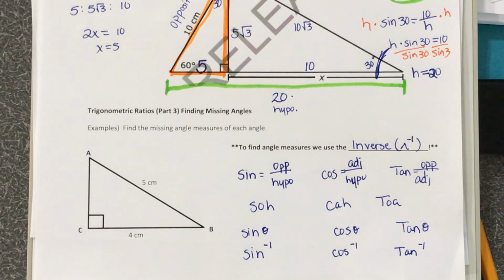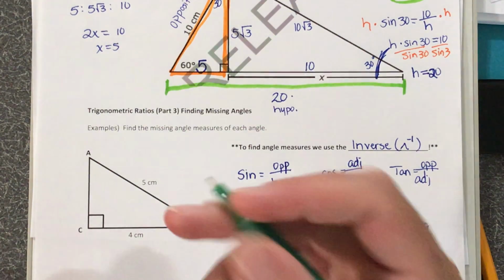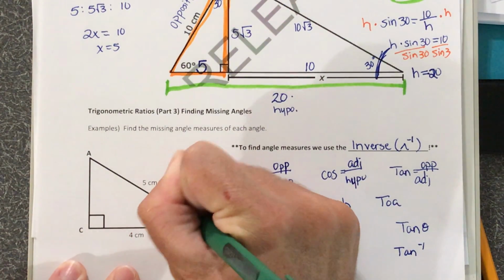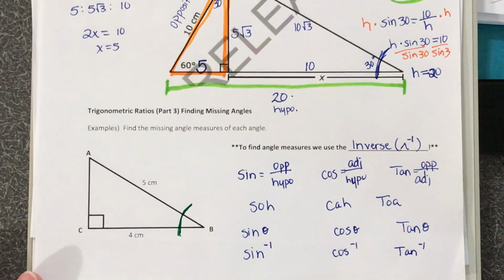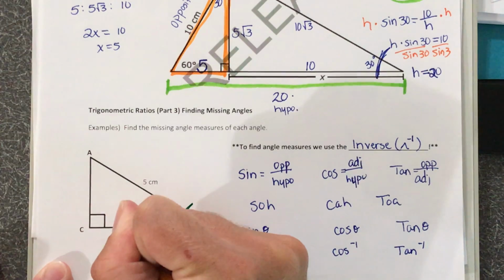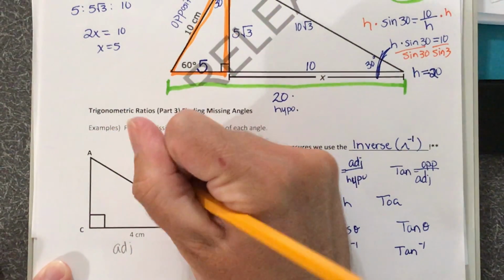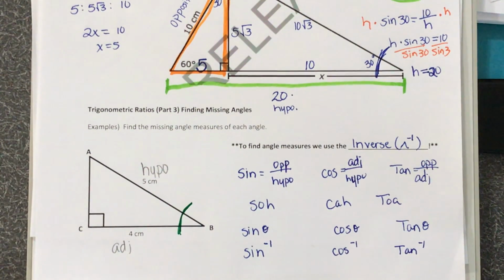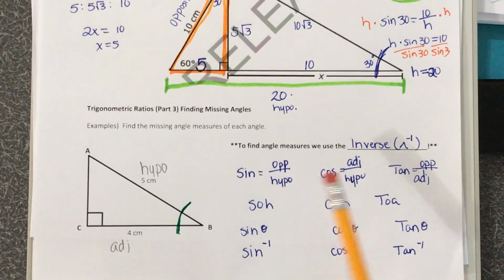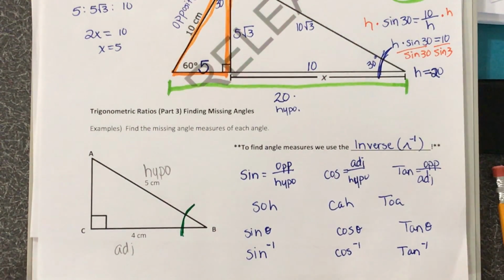So when we want to figure out what the angles are, let's start with angle B. If I want to find angle B, then I'm going to label accordingly. So in reference to angle B, this is adjacent, and this is the hypotenuse. I always want to work off with what's given to me. So which ratio uses adjacent and hypotenuse? That's cosine.